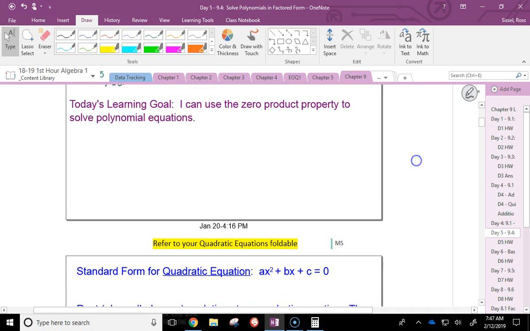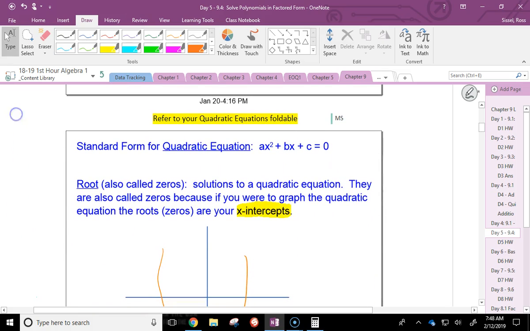Okay, today's learning goal, we're going to use part of our warm-up in today's work. I can use the zero product property to solve polynomial equations. We're referring to our quadratic equations booklet.